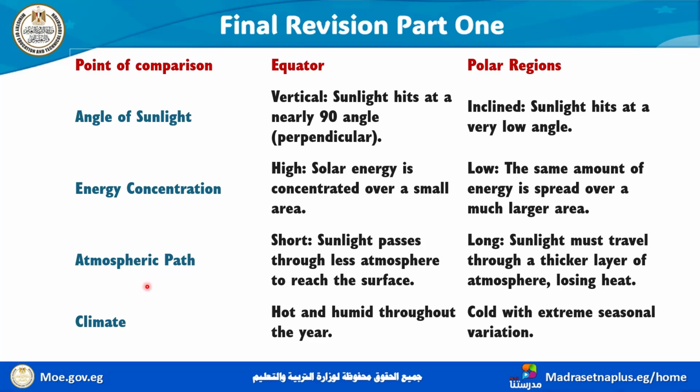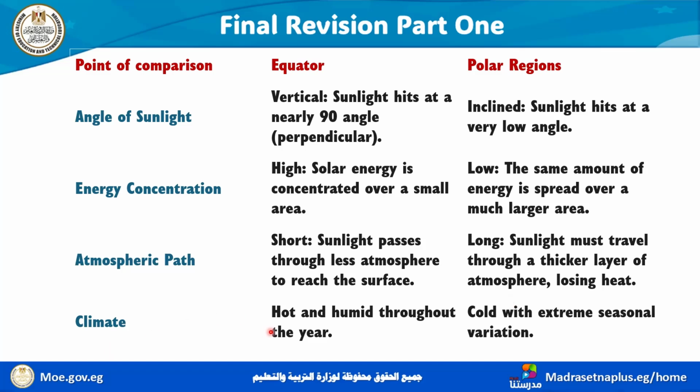The atmospheric path. In equator, the sunlight passes through less atmosphere to reach the surface because it's a direct ray, so the atmospheric path is very short. While in polar region, sunlight travels through a thicker layer of atmosphere, and this causes loss of heat because the sun rays fall in an inclined way, so it's a long atmospheric path.